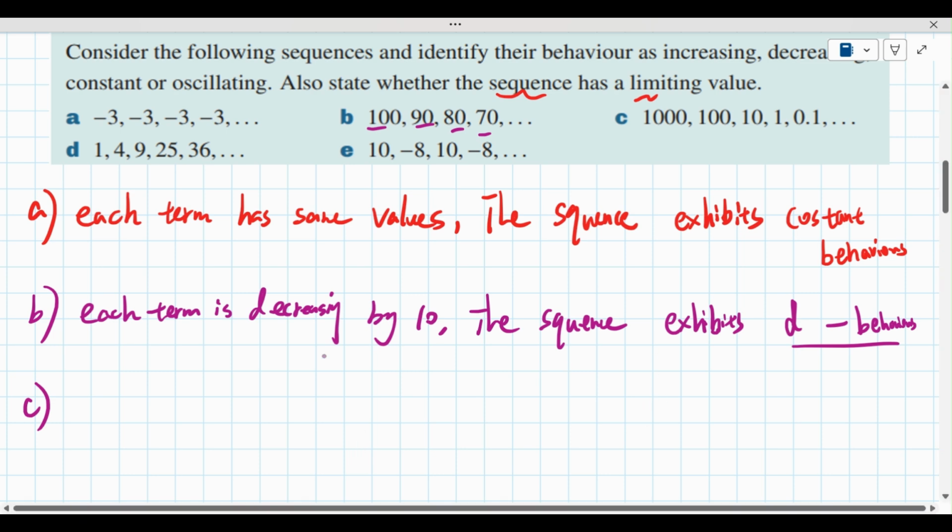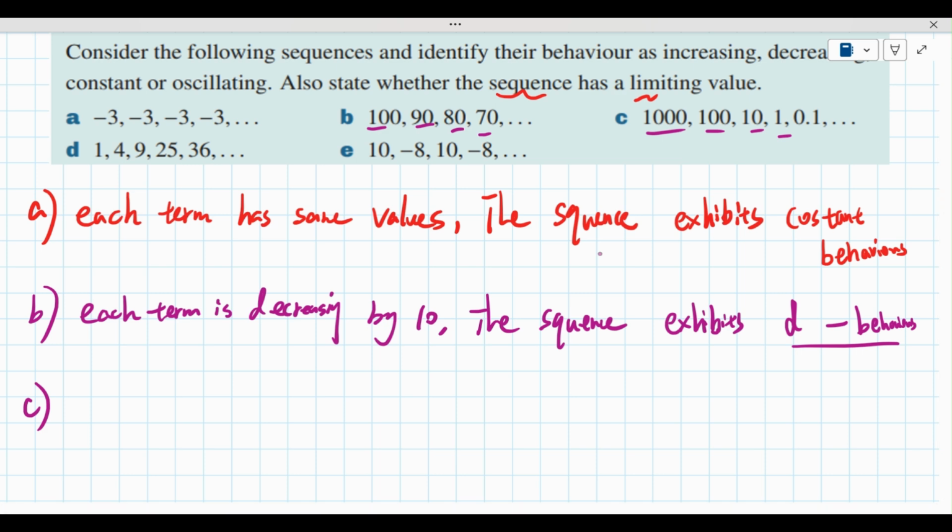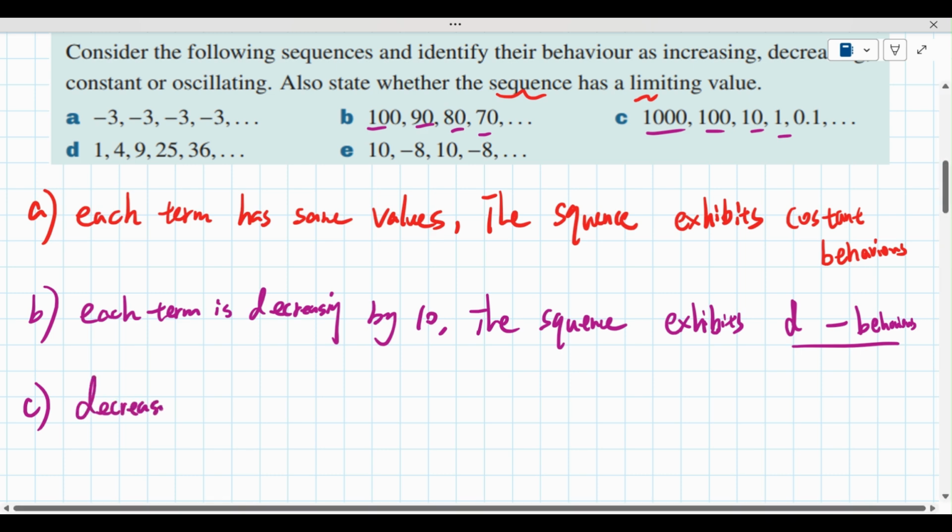So we say this one is decreasing behavior and has a limiting value of 0.